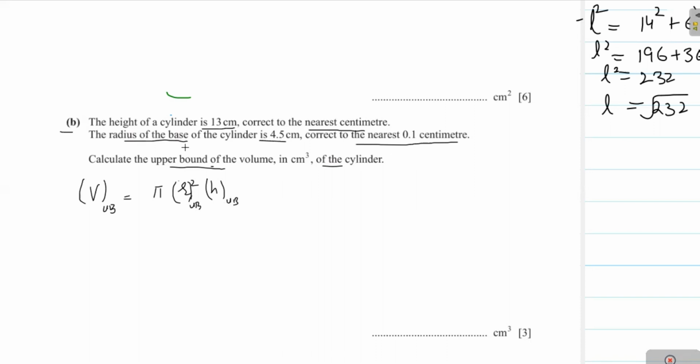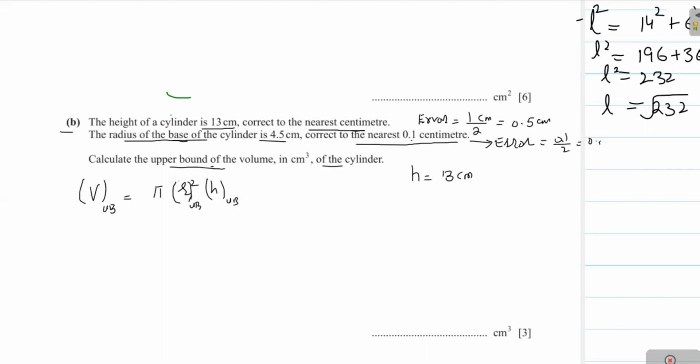Now here is the radius. Height of the cylinder is 13 centimeter. The accuracy here is given is 1 cm. Therefore, error will be equal to, divide this accuracy by 2. This is equal to 0.5 centimeter. And in the radius, the accuracy is 0.1 centimeter. The error will be equal to 0.1 divided by 2.